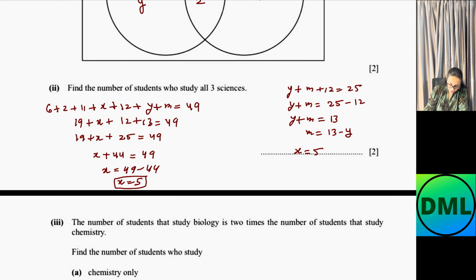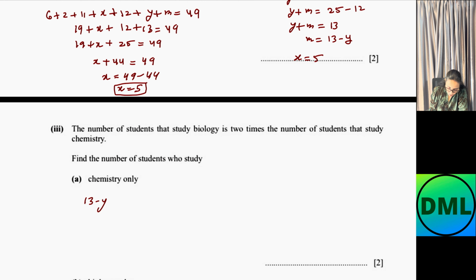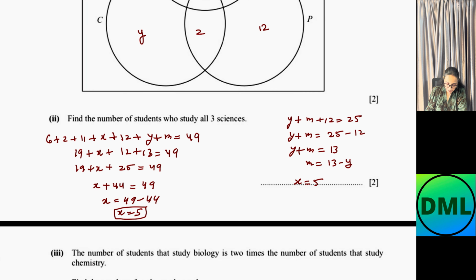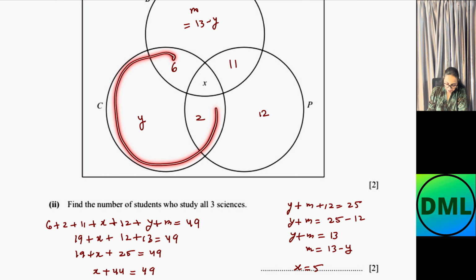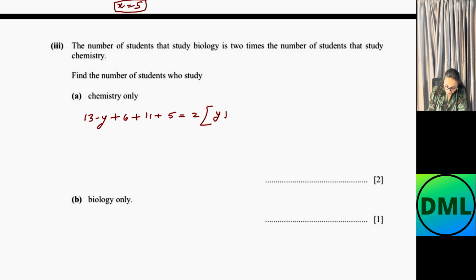This is equal to 2 times the number of students that study chemistry. This is the chemistry part, which is y plus 2 plus 6 plus x, where x is 5. So y plus 6 plus 2 plus 5.